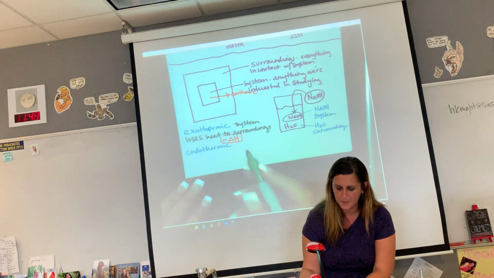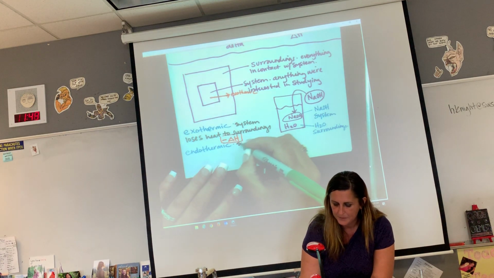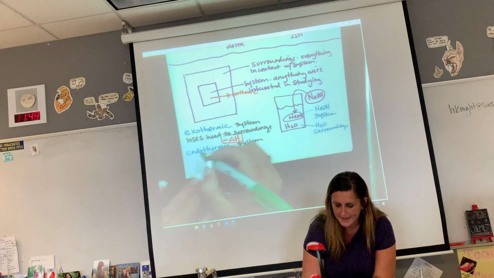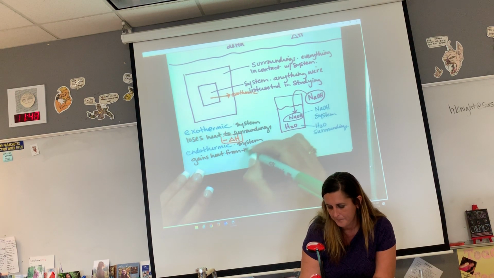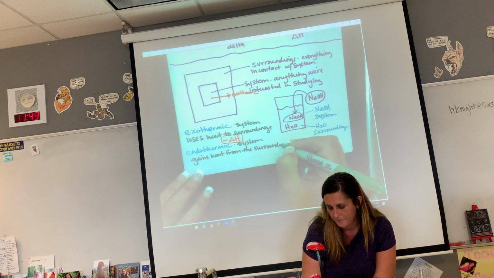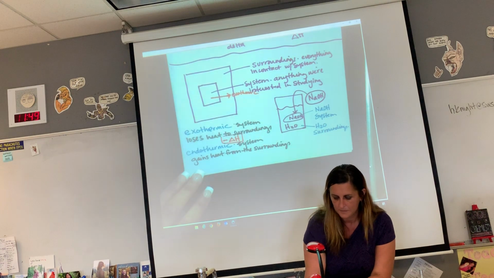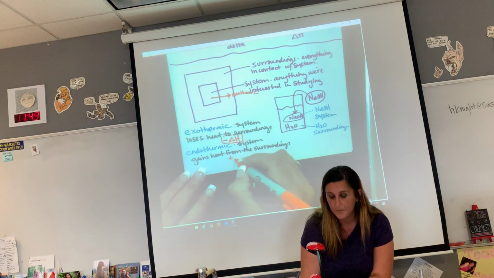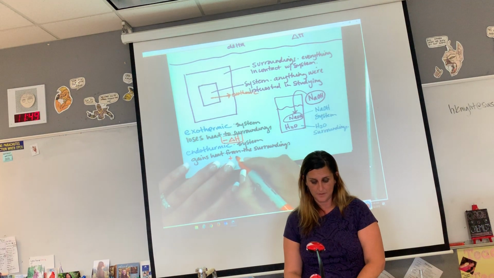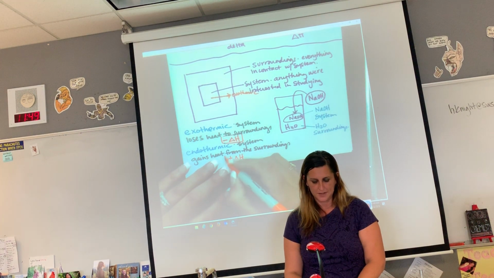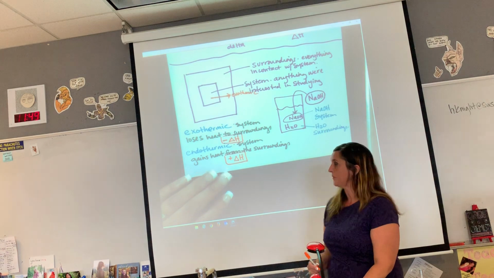And in an endothermic process, the system gains heat from the surroundings. And so from the point of view of the system, this is a gain of thermal energy. So we show this as a positive delta H.